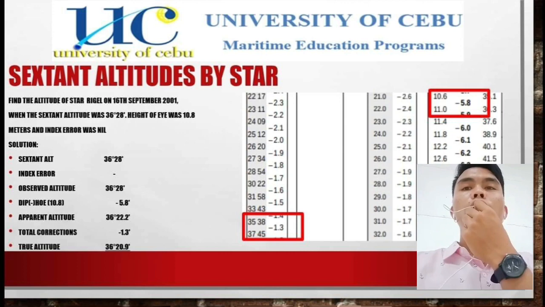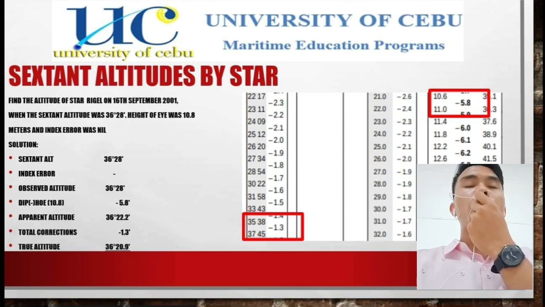The index error is nil, so the observed altitude is 45 degrees 17 minutes. Height of eye 7.5 gives negative 4.9 minutes. Apparent altitude is 45 degrees 12.1 minutes.